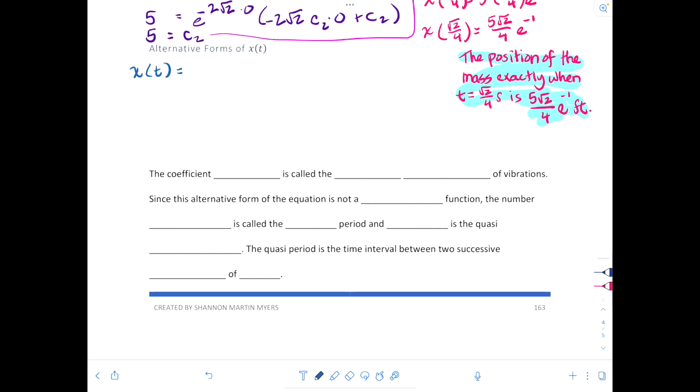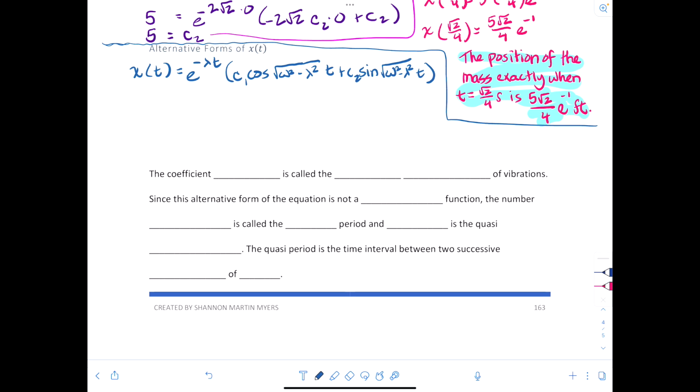So we have x at t can also be equal to e to the negative lambda t times c1 cosine of the square root of omega squared minus lambda squared t plus c2 times sine of the square root of omega squared minus lambda squared t.